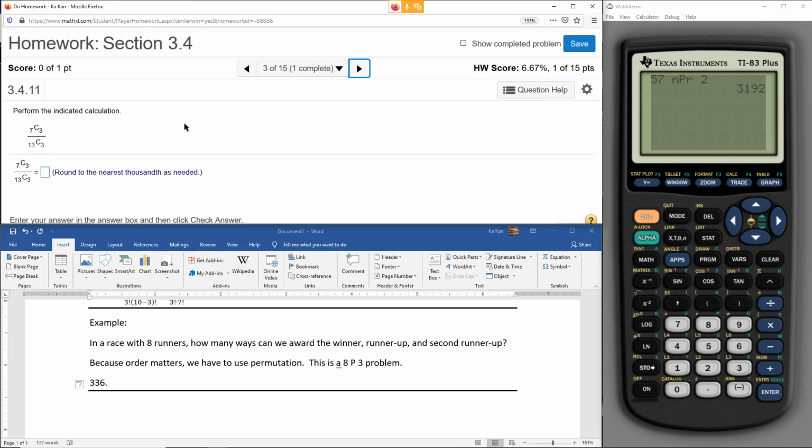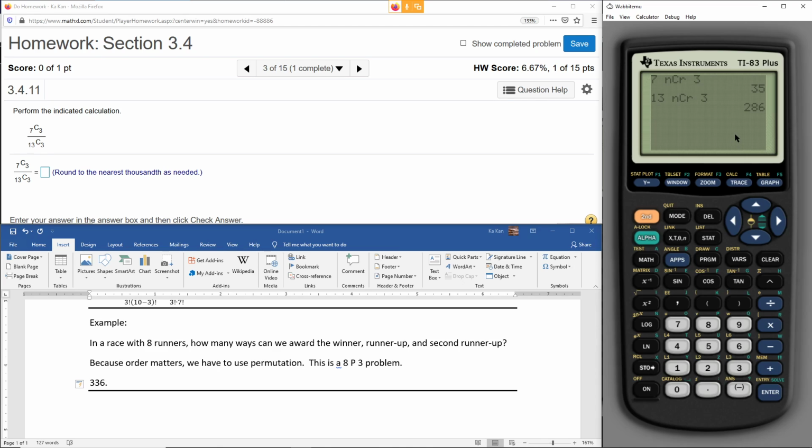Now this one looks a little bit crazy. You just gotta make sure that you do it twice. So do 7, math, 3, and then do 13. So there'll be 35 over 286.